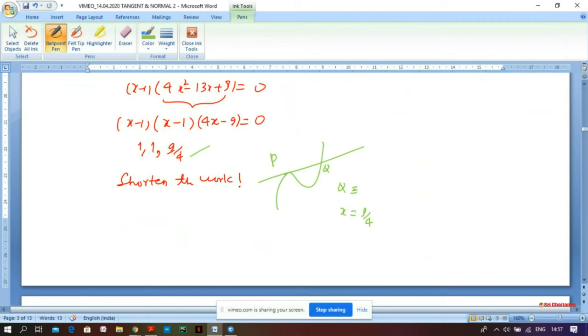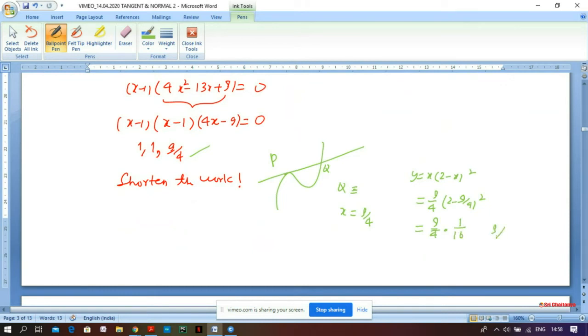The moment I write x equal to 9 over 4, then y I can get, y squared is x times 2 minus x whole squared. So that is 9 over 4, and 2 minus 9 over 4 whole squared. That gives you 9 over 4, and times, this is 1 by 4, so this is 1 by 16.